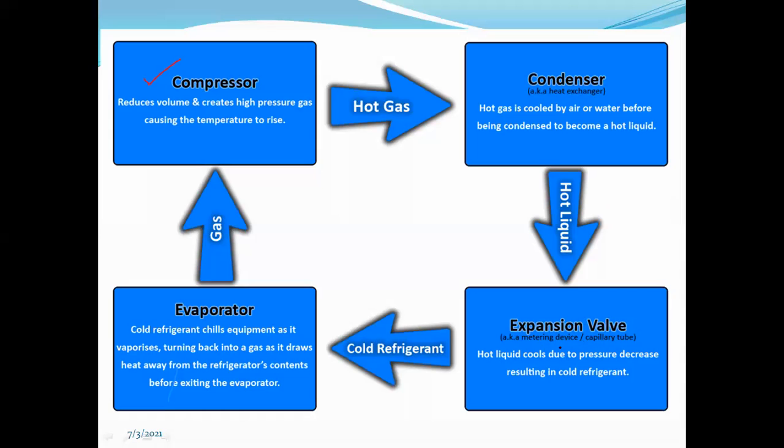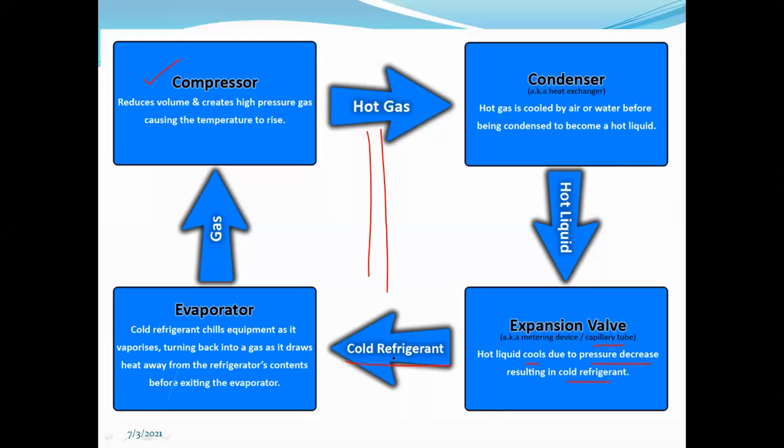The expansion valve is also called a metering device, metering meaning it measures the amount of expansion of volume. They consist of capillary tubes. In the expansion valve, the hot liquid cools due to pressure decrease, resulting in cold refrigerant. This is the opposite of the earlier step, that is hot gas, and the opposite is cold refrigerant.